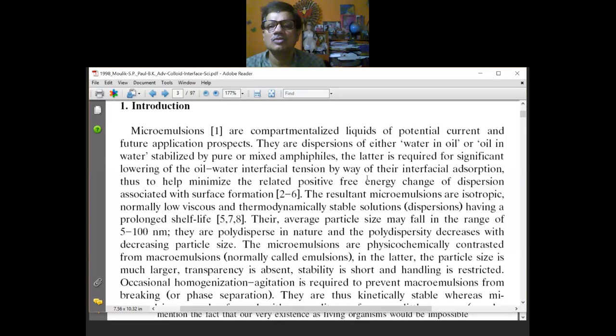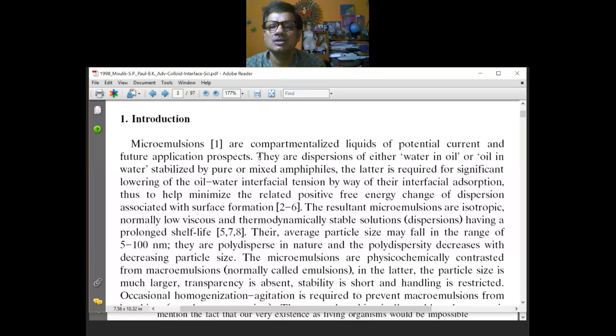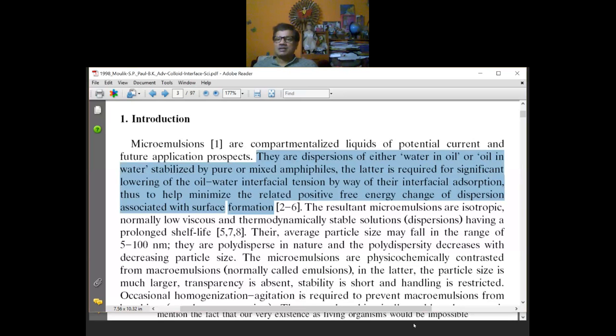So now coming to the question. Microemulsion can be defined as either macro, micro or nano emulsion. The definitions are based on the size.